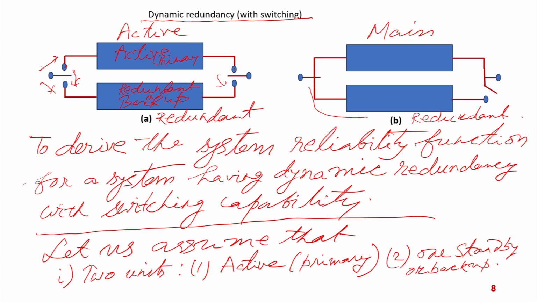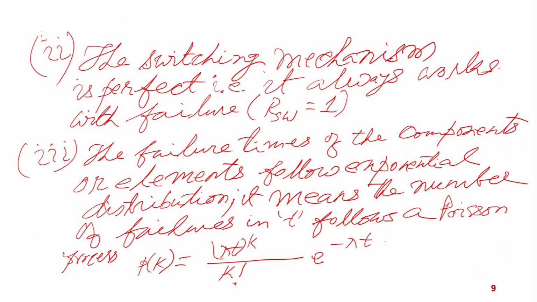We derived the system reliability considering that one is active, the primary, and one is standby, the backup. We discussed that the switching mechanism is perfect here. What does it mean? It always works without failure. In my last lecture I wrote "with failure"; it should be "without", so please note down this correction.